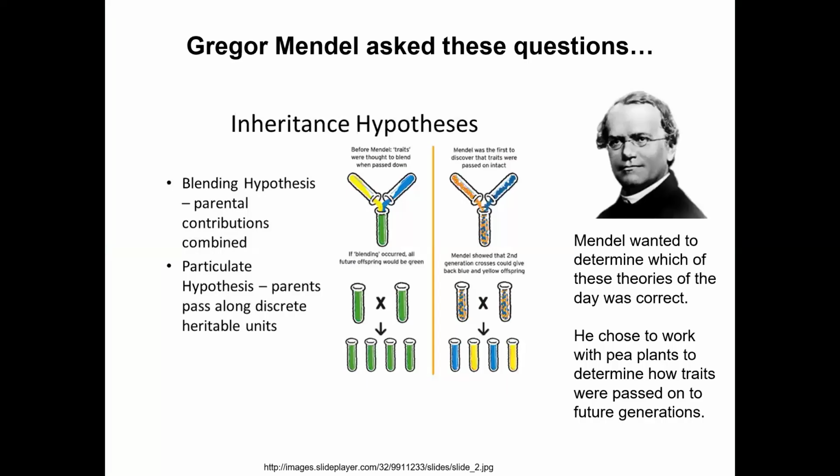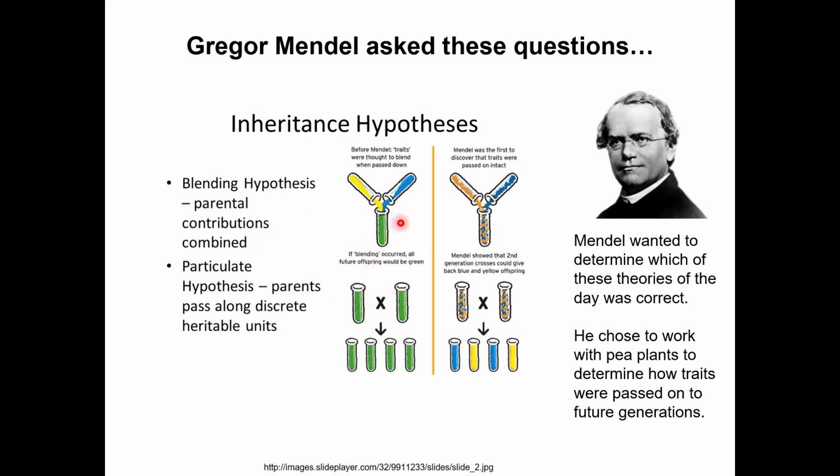There used to be a scientist named Gregor Mendel. He was an Austrian monk who asked these very same questions. At the time he was doing his work, he had two hypotheses. The first was the blending hypothesis, where there were equal contributions from both parents and they basically mixed together.